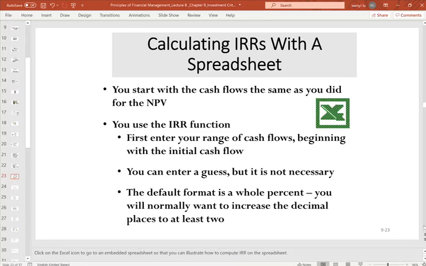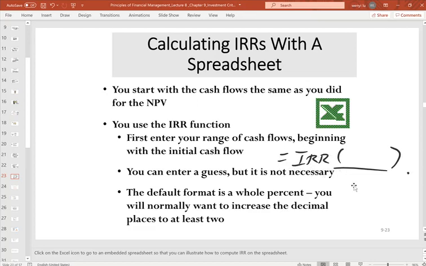You can start with the same cash flows as you did for the NPV, and to solve IRR, just use the IRR function. You can press this icon and Home to enter the function for IRR on the Excel sheet. I will not go into the detail for this part.